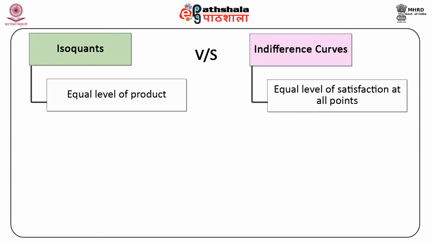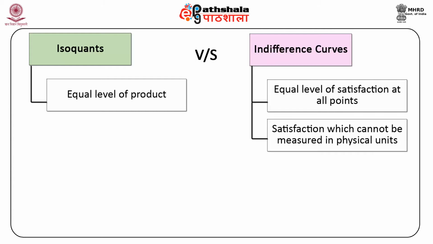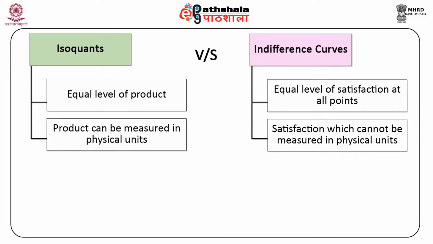However, there are certain differences between isoquants and indifference curves. Firstly, an indifference curve represents satisfaction which cannot be measured in physical quantity. In the case of an isoquant, the product can be measured in physical units.